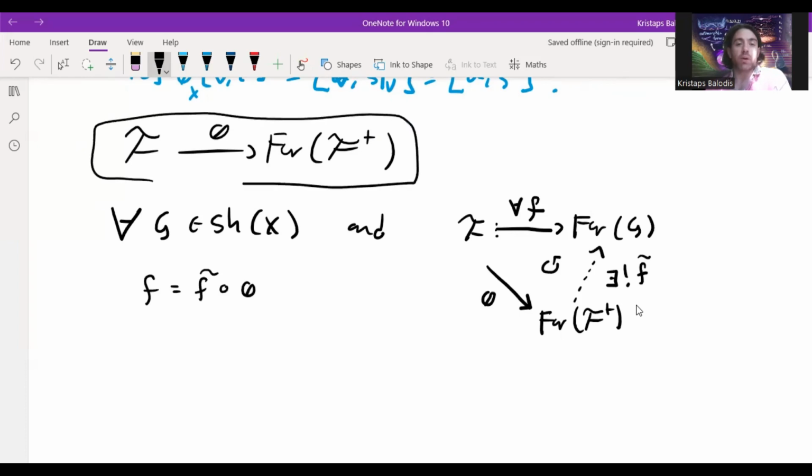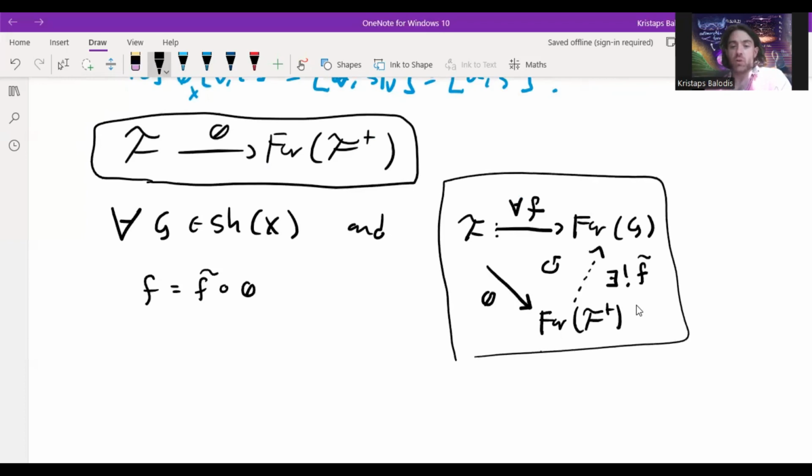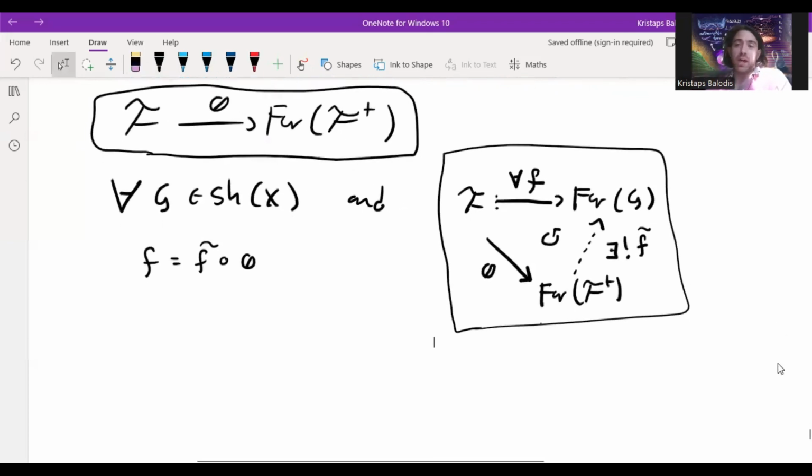So this map is extra special. Not only does it compare all of these sheaves, but it says if you had any way of comparing F to any sheaf whatsoever, it's got to factor through this map theta uniquely. Okay. So the name of the game here is going to be to construct the map f tilde.